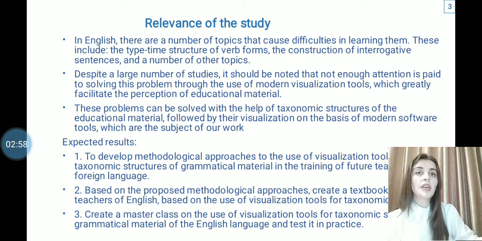The aim of the study is to improve the training of future English teachers through the use of visualization tools for taxonomic structures of grammatical material.